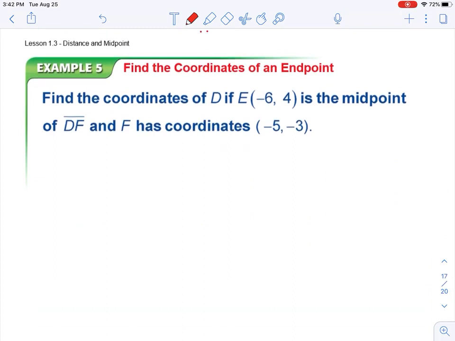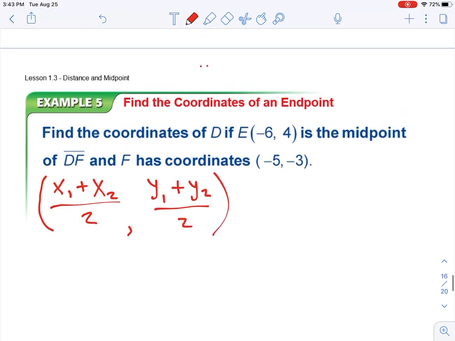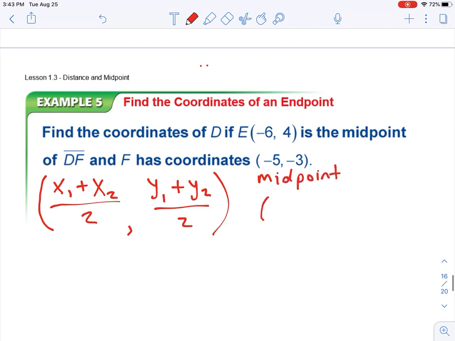All right, now this time, the next two problems, we are given a midpoint and our endpoint, and we have to find our other endpoint. So, if you recall, we have our equation, x1 plus x2 divided by 2, y1 plus y2 divided by 2 equals our midpoint coordinate x comma y.